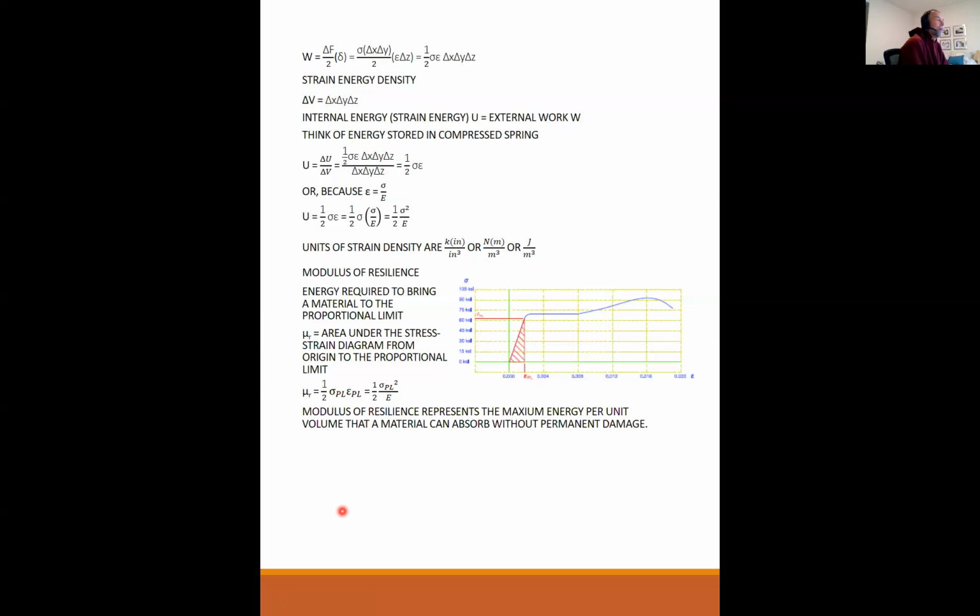You can have a spring and you can figure out how much energy you can put into that spring. You could derive the energy from a force, of course, but it's really a measure of energy. If you put too much energy into the spring, you're going to permanently stretch that spring out. It would have a permanent strain in it, or you'd consider it to be damaged, like the spring supporting your car. So that's the modulus of resilience.